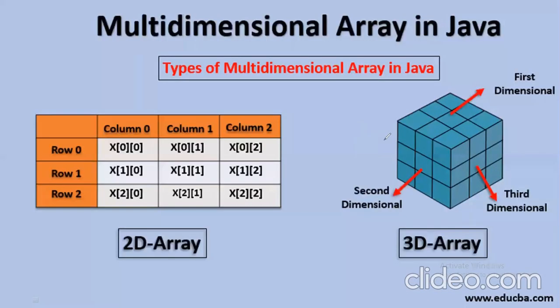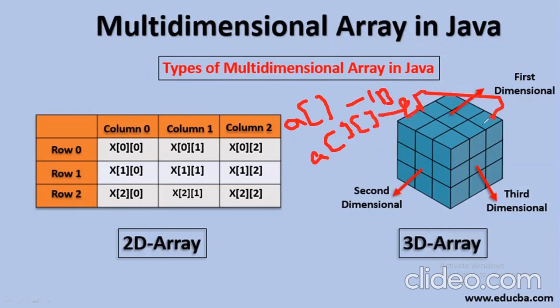Right? So if I say 4D, there will be 4 dimensions. If A is an array and we have only one subscript, it is called a 1D array, one dimensional array. If we have 2 subscripts, it is called a 2-dimensional array.